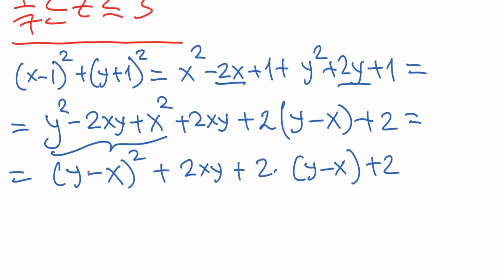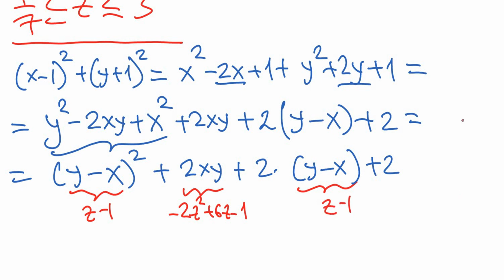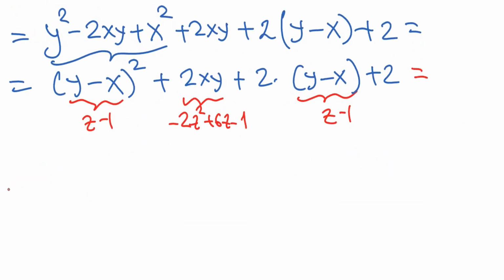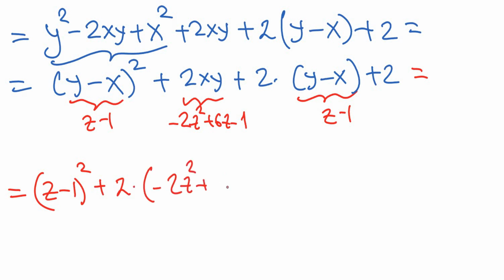Since this one is z minus 1 and this one is minus 2z squared plus 6z minus 1, and this one is z minus 1, let me plug it in. So this is going to be equivalent to (z minus 1) to the power of 2 plus 2 times (minus 2z squared plus 6z minus 1) plus 2 times (z minus 1) plus 2.